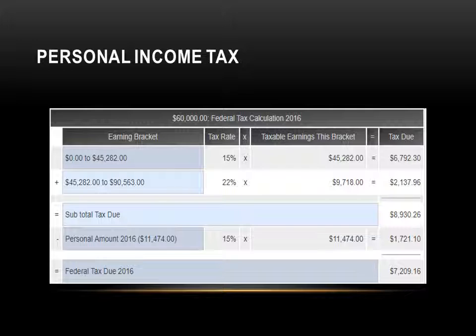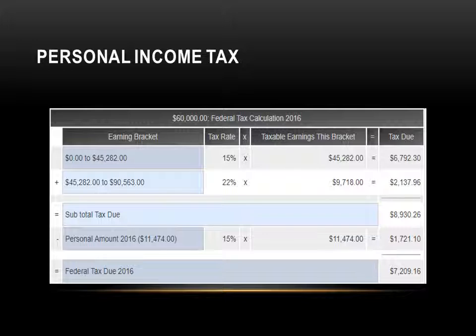The federal tax collected from 0 to 45,282 Canadian dollars has a 15% rate, which has a total of $6,792.30 to be collected. And from 45,282 to 90,563, the tax rate is 22%.